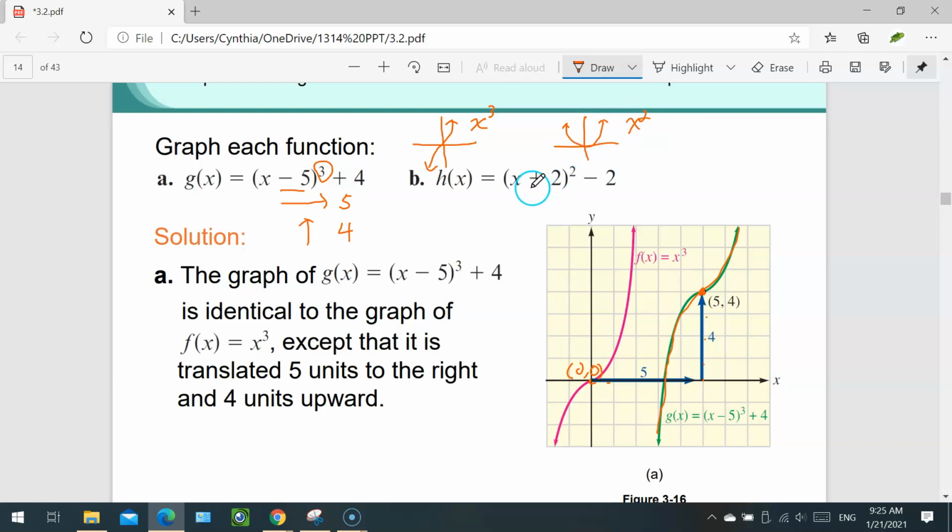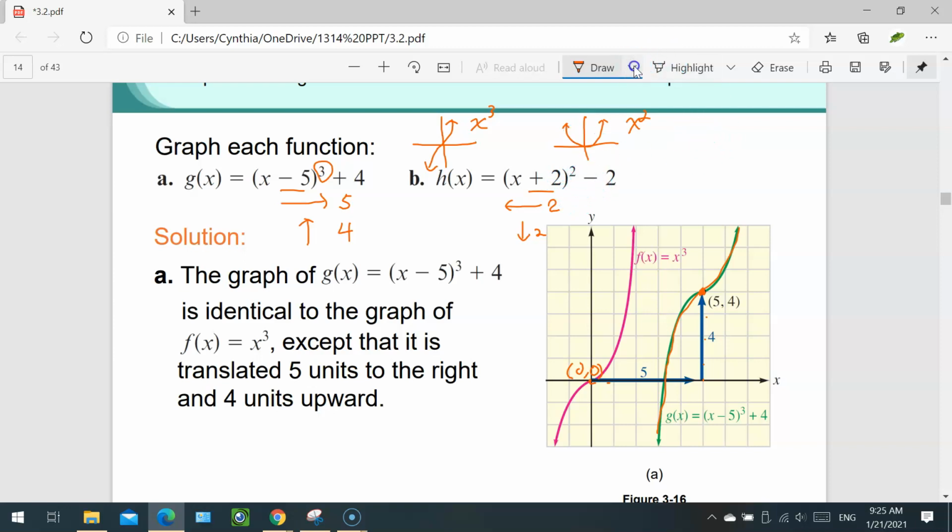Now the h function has plus 2 inside of the parentheses, so this indicates the graph will shift to the left 2 units, and then go down 2 units because minus 2 is outside of the parentheses.